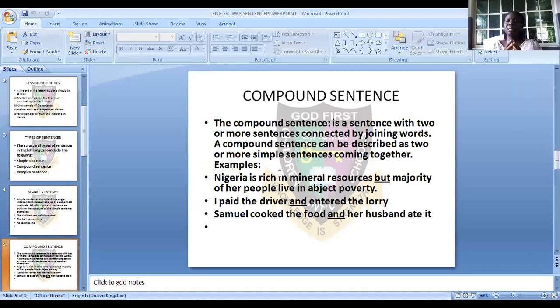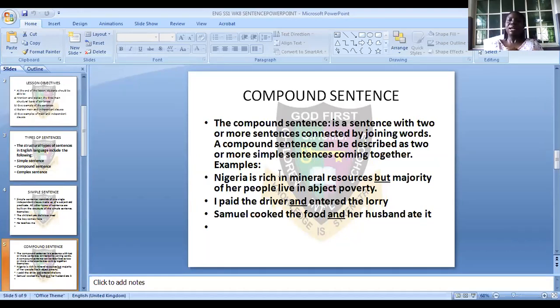A compound sentence can be described as two or more simple sentences coming together. I told you earlier that the simple sentence is the bedrock upon which other types of sentences are built. So in the case of the compound sentence, we are joining two simple sentences together with the use of joining words to form our compound sentence.